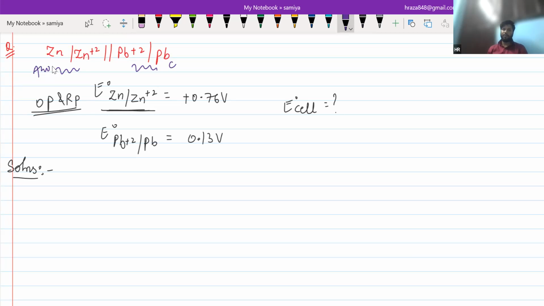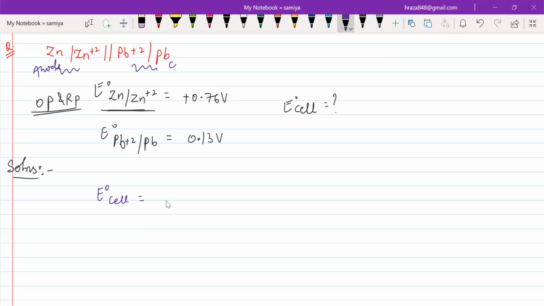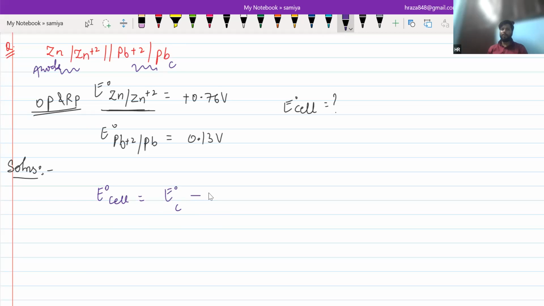E naught cell will have a value E naught cathode minus E naught anode. On cathode, Pb plus 2 is given. Before putting this value, you need to check: plus 2 is going into 0, that means the reduction potential at cathode is given.